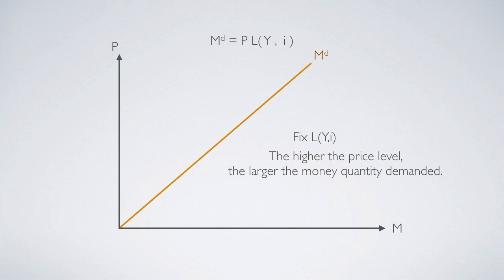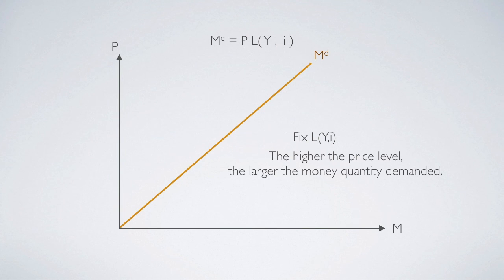So the line will look like what we drew on the graph. It starts from the origin 0, 0 and stretches to the upper right. It passes through 0, 0 because if the price level is 0, there is no need for money for each basket. Of course, you don't need money at all if the price is 0. So remember, this MD line always starts from origin 0, 0.